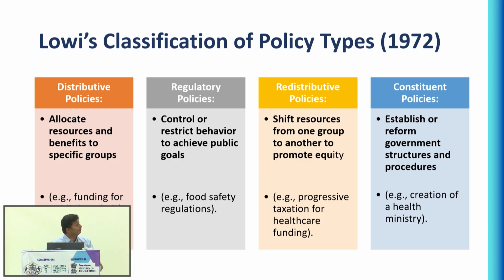Redistributive policies shift resources from one group to another to promote equity. So there could be a marginalized group and there could be a group which is more privileged. So whether there is a provision to redistribute the resources so that even the marginalized are benefited from the policy. And constituent policies are those with established or reformed government structures and procedures.